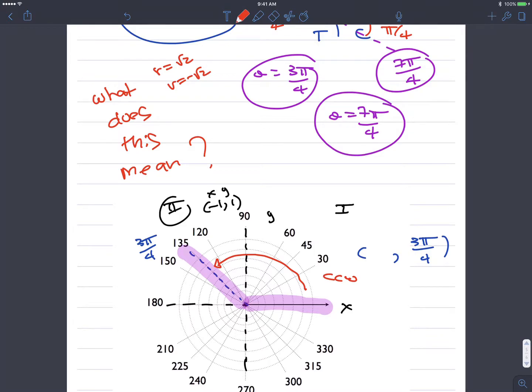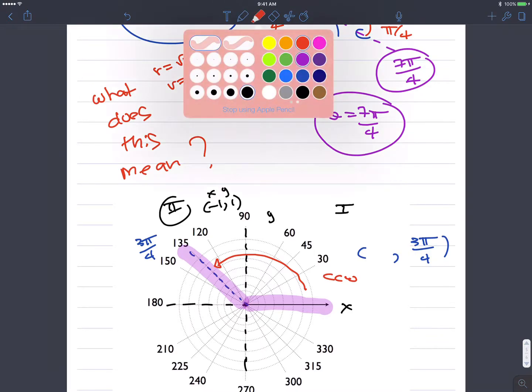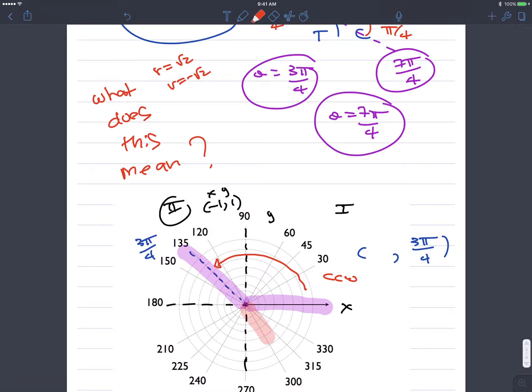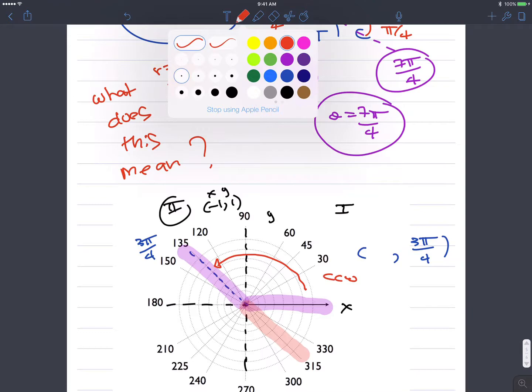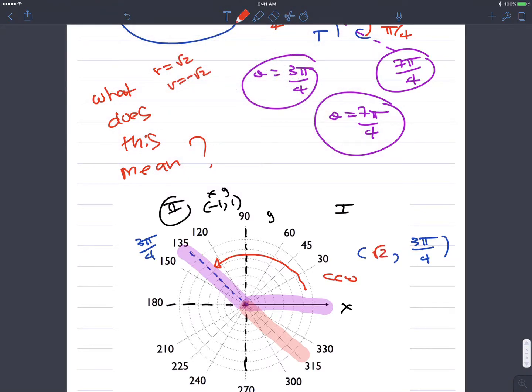Opposite of this, you'll have negative radius values. Oops, that would not be 300, it would be 315. So if I use positive square root of 2 for r, then I would actually be at a location consistent with the rectangular coordinates.